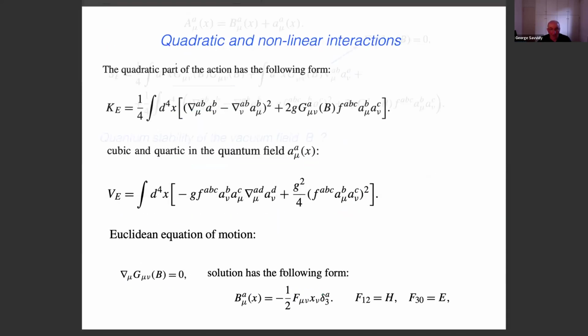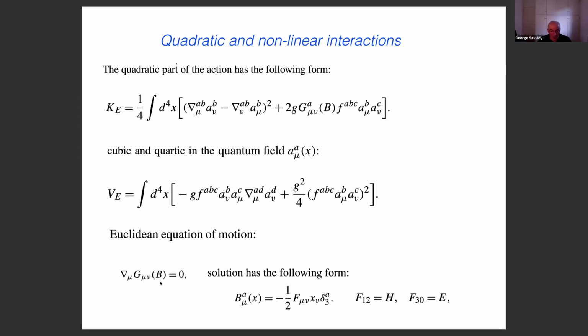And this term contains two terms. One is quadratic. As you see, this is quadratic in quantum fluctuations. And this term is cubic. You see it is A and the nabla of A. This nabla is in the background field, so it depends on B. And then there is this term which is quartic.